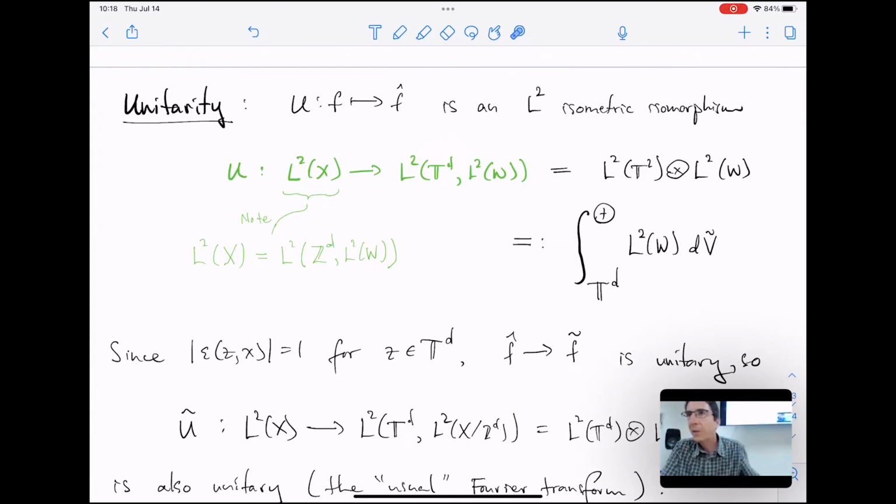You see what I mean? The Fourier transform is done with respect to the shift action. If I take a point in X and I look at the shift action, I only access this orbit, which is a discrete subset. And so the Fourier transform is only really resolving that.